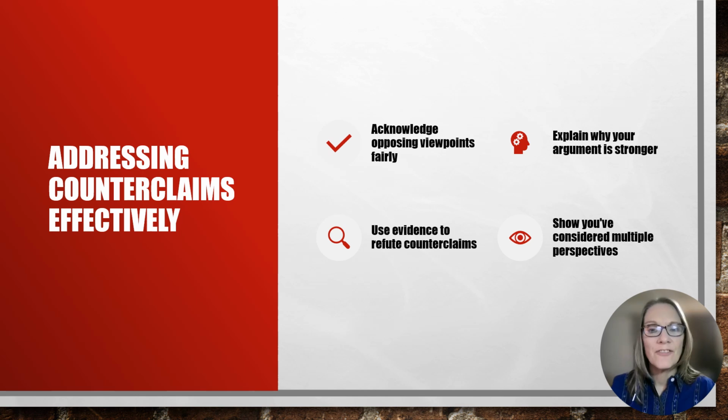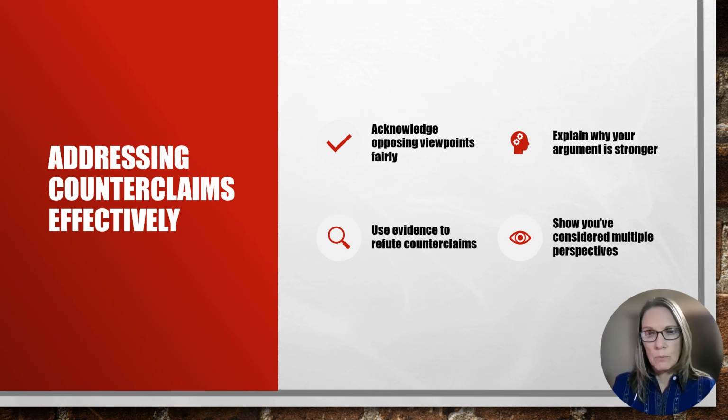So how do we effectively address counterclaims in our argumentative essay? First of all, we acknowledge that there are opposing viewpoints and we do it fairly. So we don't want to lie about an opposing viewpoint or ignore an opposing viewpoint. So we look at them fairly. We explain why our own argument is stronger. So why is your argument stronger?